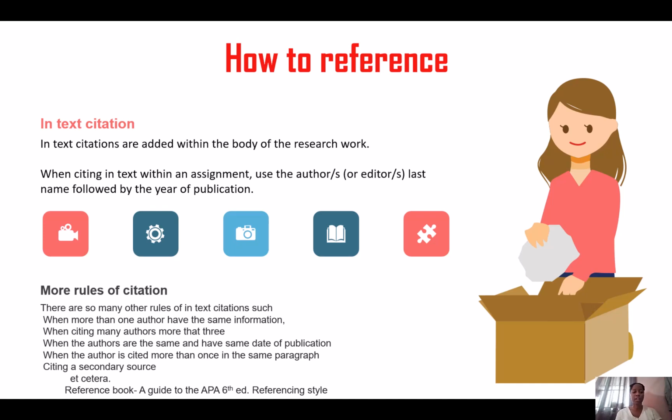of publication. So, more rules about citation. I'll be showing them to you here, as well as examples from my reference book. We have so many rules of citation that I couldn't put them all here, but I'll show you examples from my reference book. There are many other rules for in-text citations, such as rules concerning when there is more than one author and they have the same information.